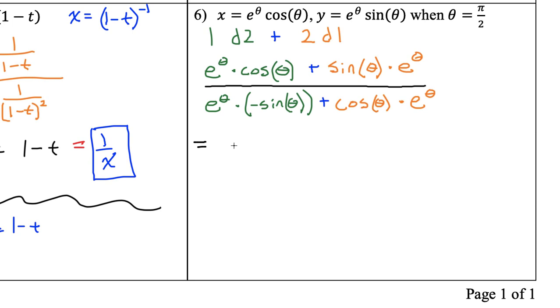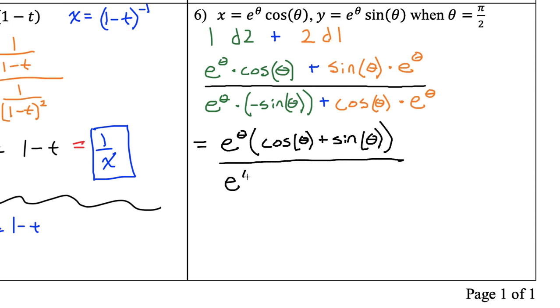So coming down to the next line, on the numerator I have e to the theta factored out, and what's left over is a cosine of theta plus a sine of theta. In the denominator, I'm also factoring out an e to the theta, and what's left over, I'm going to rewrite these as first cosine and then sine because it just feels better to have a negative sign in between instead of right at the beginning. So I'm going to say cosine of theta minus sine of theta.